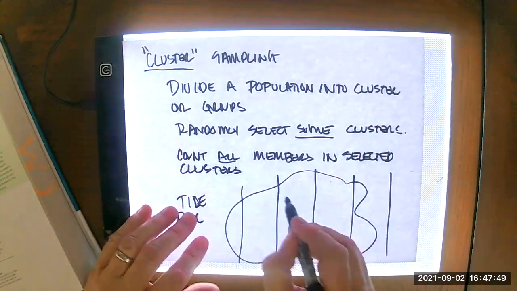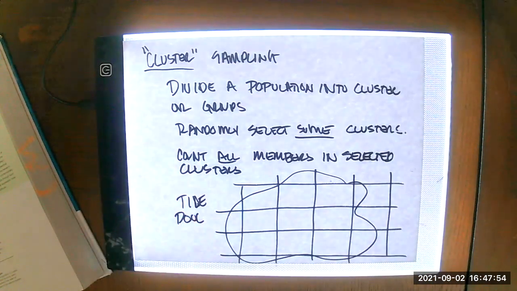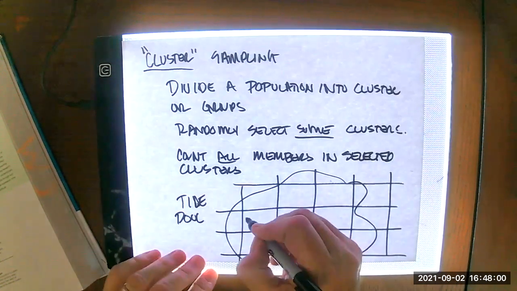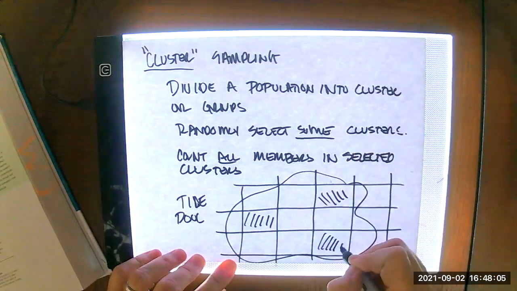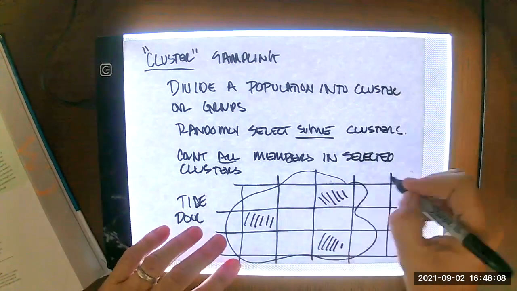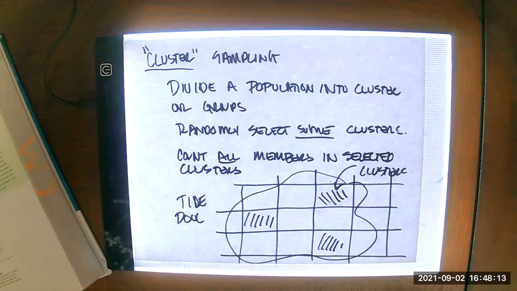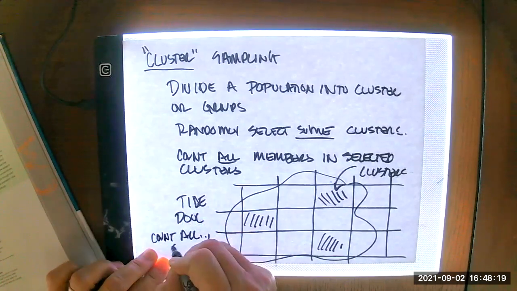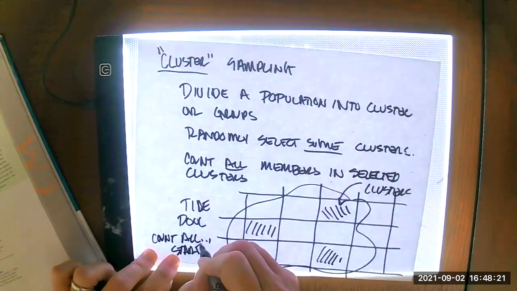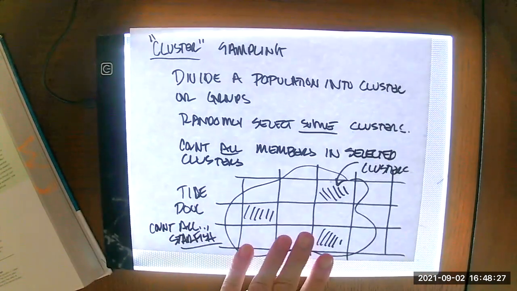There's a wooden frame, and the grid is made out of, I think it's rope. And what they do is they lay it down on top of a tide pool, and then they randomly select some of these clusters. So those are some clusters there. And you randomly select one and perhaps count, oh, I don't know, starfish, if that's what you are studying, perhaps. But that's the idea of cluster sampling.